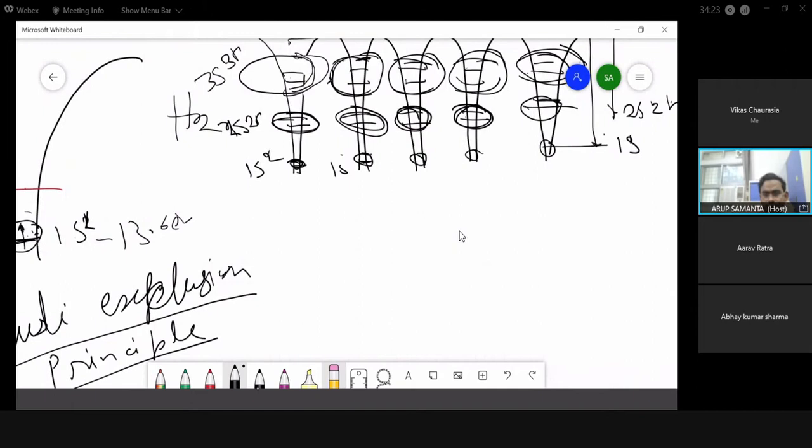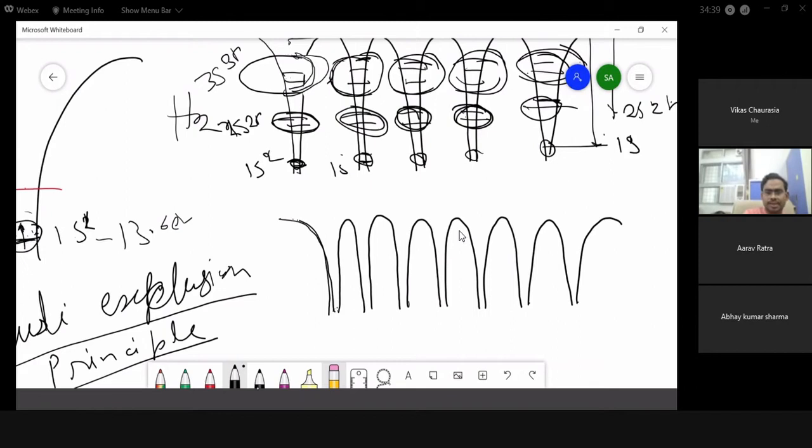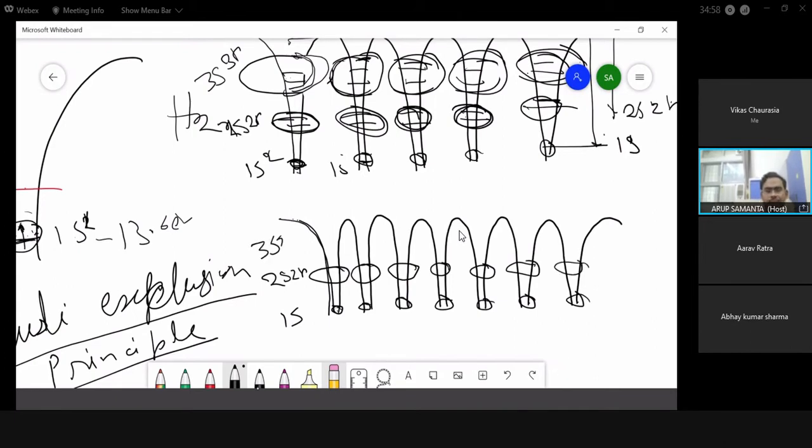The lower part, the 1s level, will not interact because it has a smaller orbit. The 2s, 2p level also will most likely not overlap. But the outermost level, 3s, 3p, will overlap to each other.